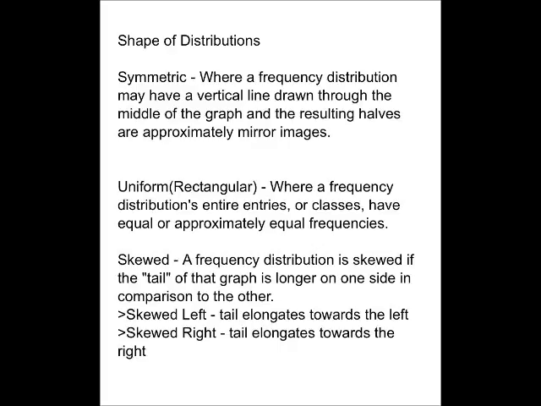In a skewed shape, a frequency distribution is skewed if the tail of that graph is longer on one side in comparison to the other, whereas we will have a distribution skewed to the left, where the tail elongates towards the left, or skewed to the right, where the tail elongates towards the right.